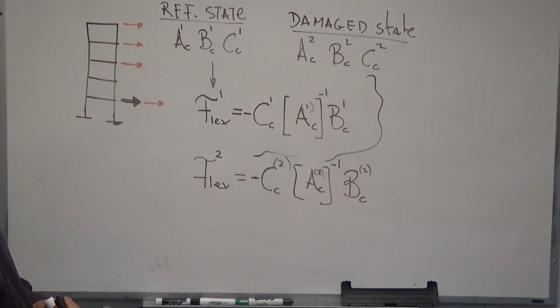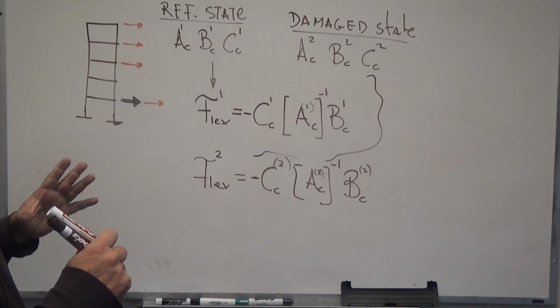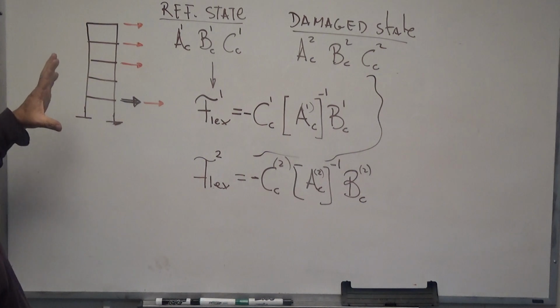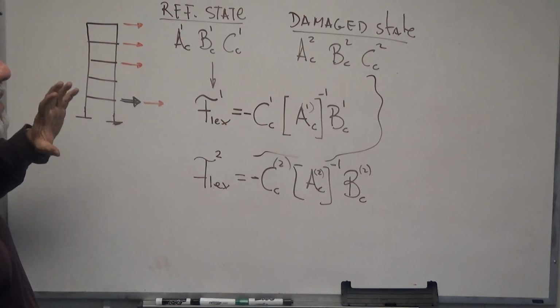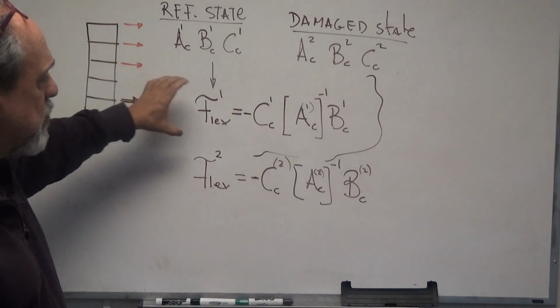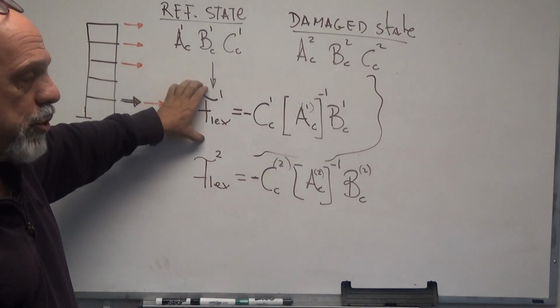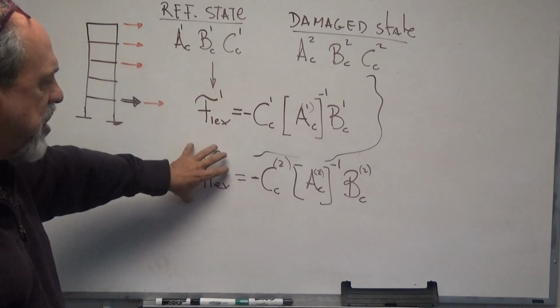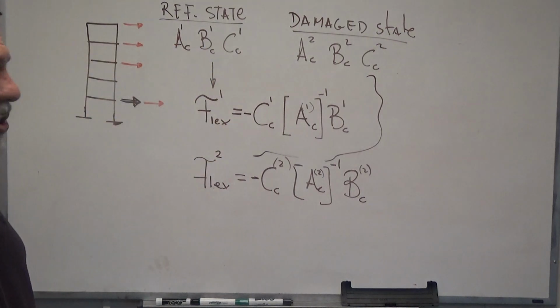Now, when you read papers, sometimes it's not clear to people the following. If I am going to use flexibility to try to locate the damage, this is what we would refer to as our feature. So the feature is the flexibility, is the fact that this matrix has changed. That's what we're going to use to locate the damage.